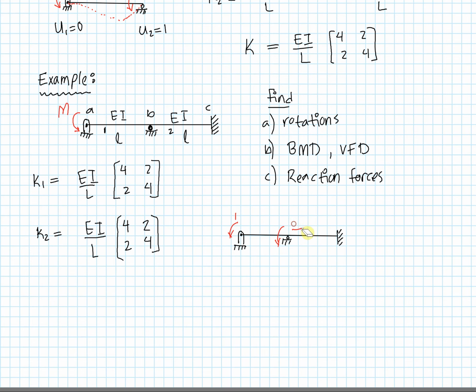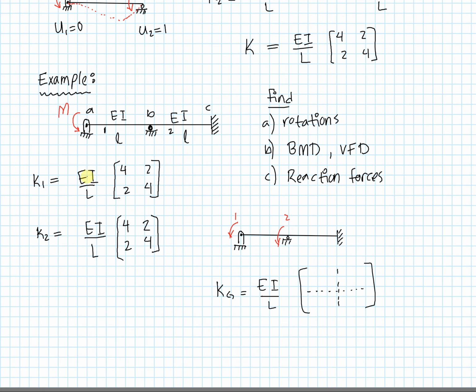Okay, so let's erase that. Here we go. Okay, so our global stiffness matrix will be K global is equal to EI over L. So we need a 2 by 2 matrix because we have 2 global degrees of freedom. And let's see.